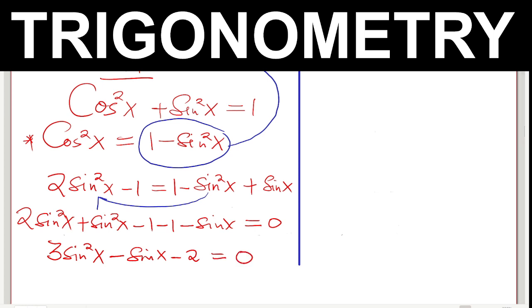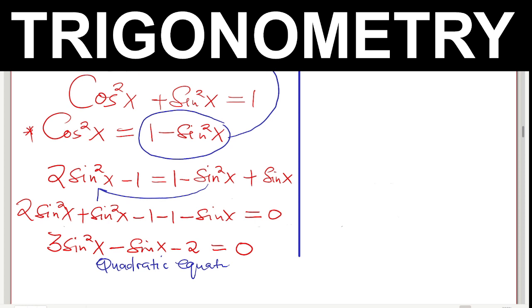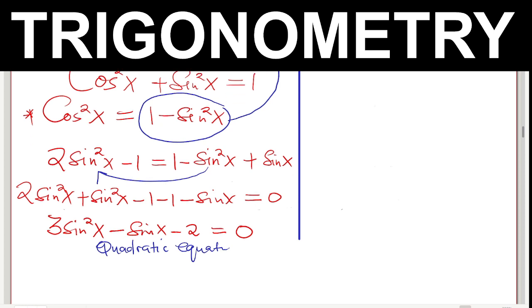As you can see, this takes the form of a quadratic equation. And how do you know that? If you compare with a quadratic equation, this is how it looks: ax squared plus bx plus c is equal to 0. You can see it takes that form.